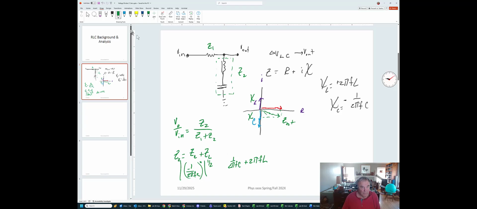Okay, well, it's not a big mistake, but it is in reality this, but it's minus 1 over 2 pi FC plus 2 pi FL, and then you square it and take the square root.